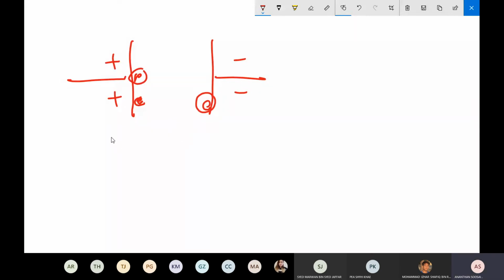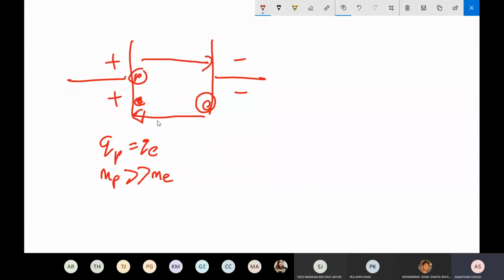We know the charge of the proton and electron is the same, but the mass of the proton is far bigger than the mass of the electron, about 1,800 times. When they are exposed to the field, the proton will move to the right and the electron will move to the left.